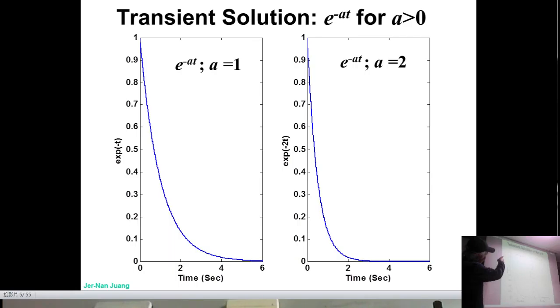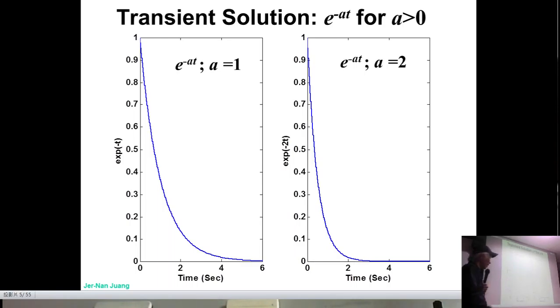Well, think about that. If A is negative, then the system response will grow, right? Because if A is positive, then e to the minus At, the system will decay. So it doesn't matter what kind of initial condition you get.